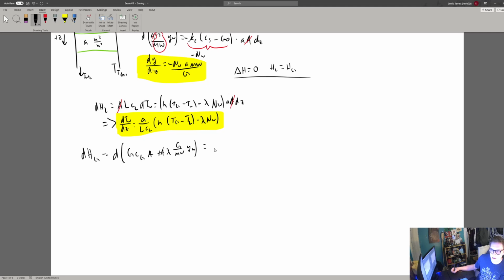the heat transfer equation for this would be the coefficient times the change in the temperature of the gas times the difference in the temperature of the gas and the temperature of the liquid, and that is going to be multiplied by the specific volume and the area and the change in the height of the cooling tower.